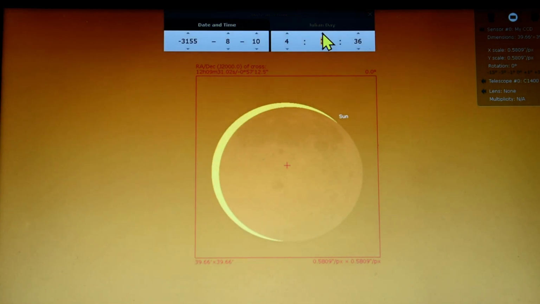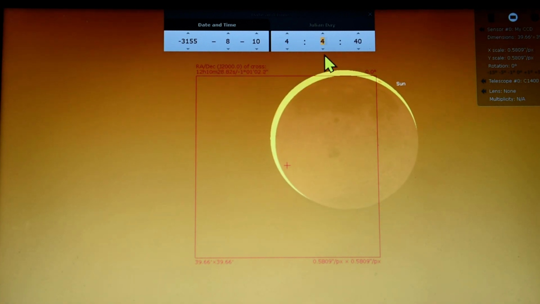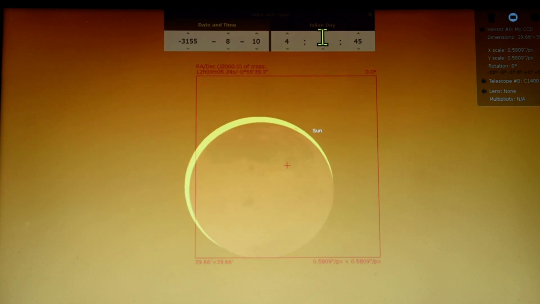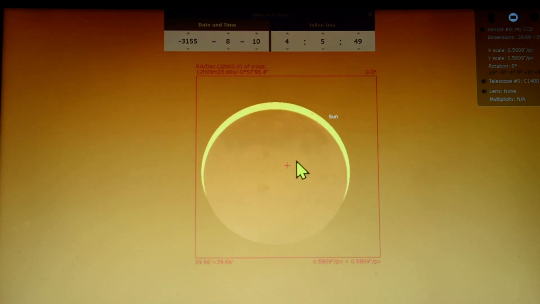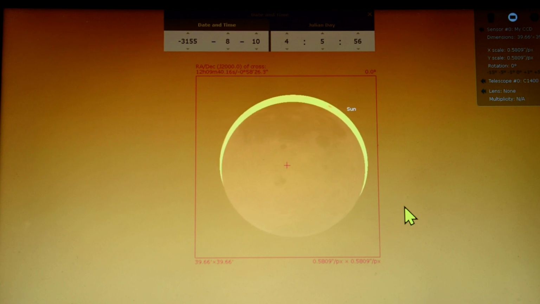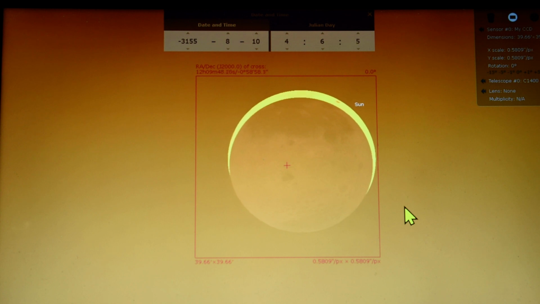And 1 minute, already rotating around. 2 minutes, rotating around significantly, getting to the point of being almost upside down. 3 minutes, upside down. So within 3 minutes, this crescent goes from facing to the right, to the north, to upside down, facing south, facing towards the horizon. And then we keep going.